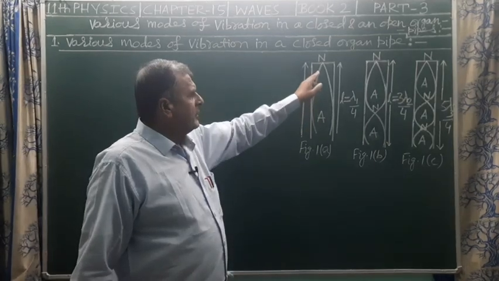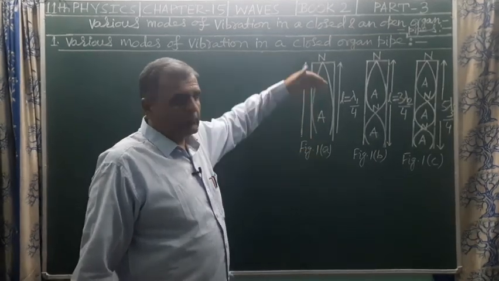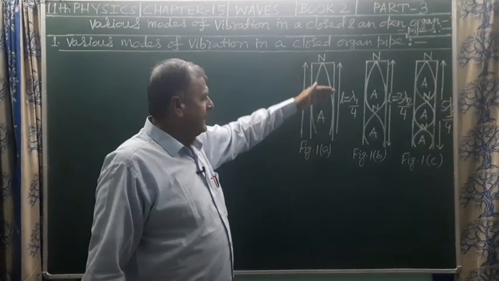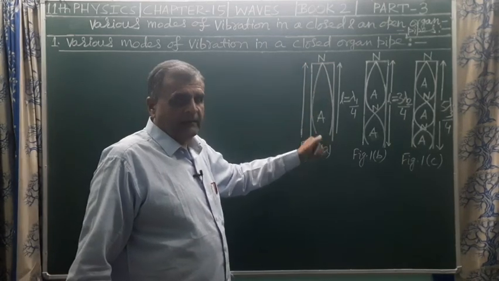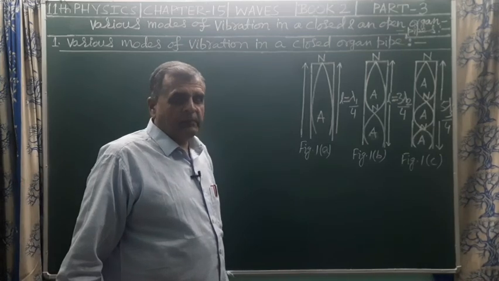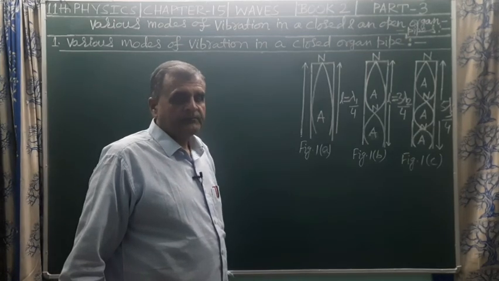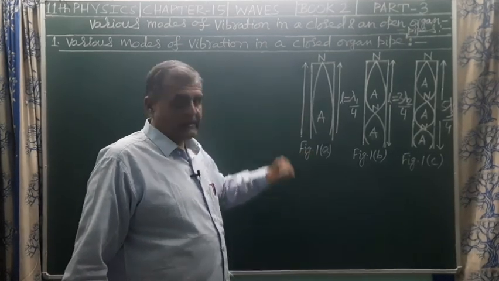Therefore, a node is formed at the closed end, while an antinode is formed at the open end in the simplest mode of vibration of a closed organ pipe.